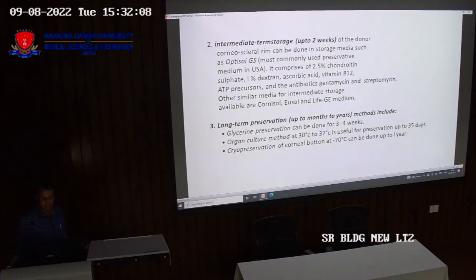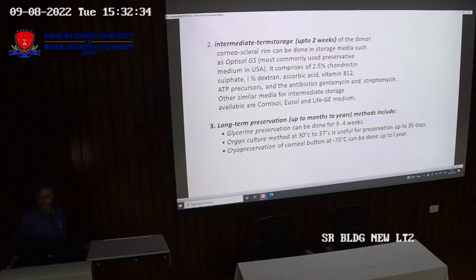Intermediate storage of the donor corneoscleral rim, up to 2 weeks, can be done in media like Optisol GS. It is the most commonly used medium, comprising 2.5% chondroitin sulfate, 1% dextran, ascorbic acid and vitamin B12. Other media are Cornisol, Usol and Life4C medium.